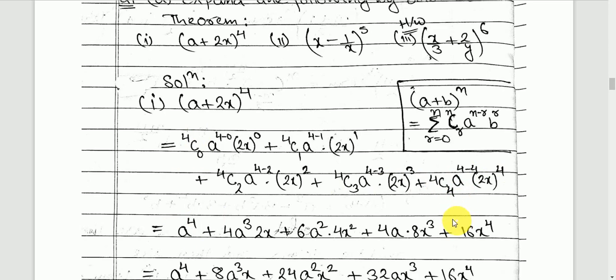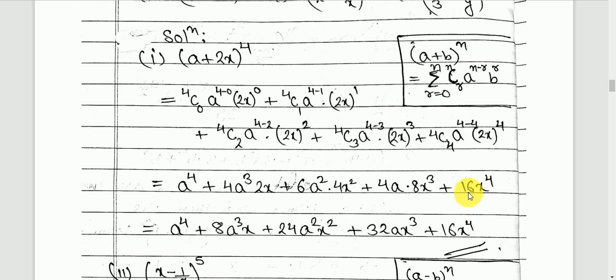4C4 will be 1, and 4C1, you can use that NCR formula, or if you have got a calculator then you can check, this will come 4.